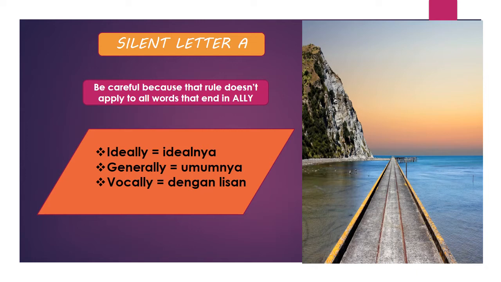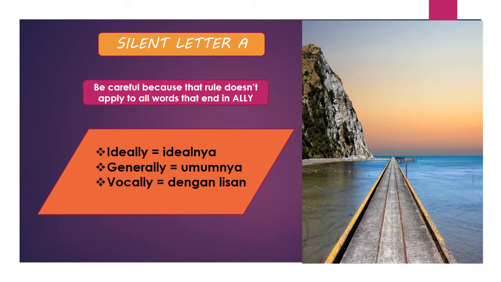But be careful because that rule doesn't apply to all words that end in A-double-L-Y. For example, in these words, we pronounce the A: ideally, generally, vocally. So, this rule just applies to words that end in I-C-A-double-L-Y, like basically or specifically.